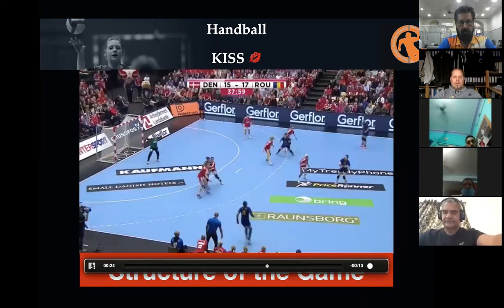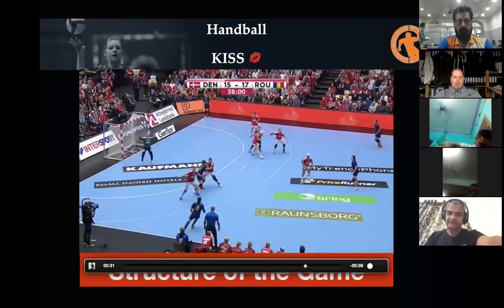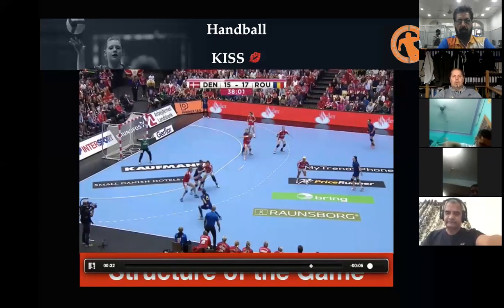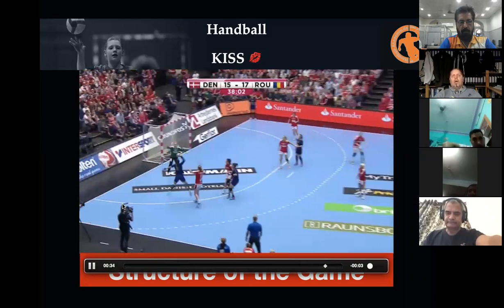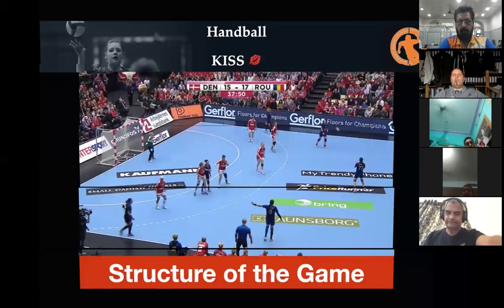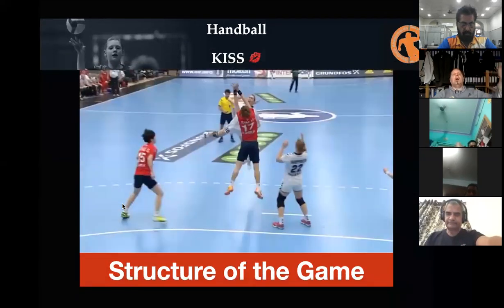See the feint inside and then moving outside again, breaking through, easy shooting. And coming back again to the pictures of the pyramid, individual action in that moment, basic level.